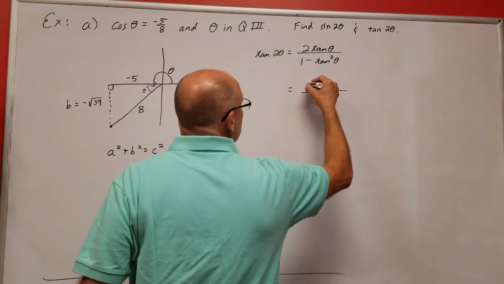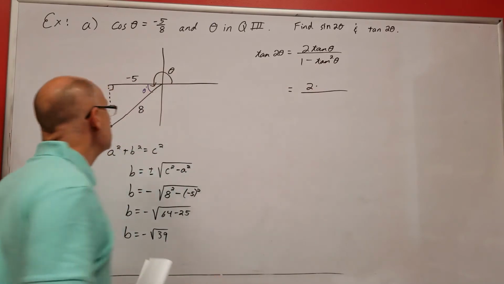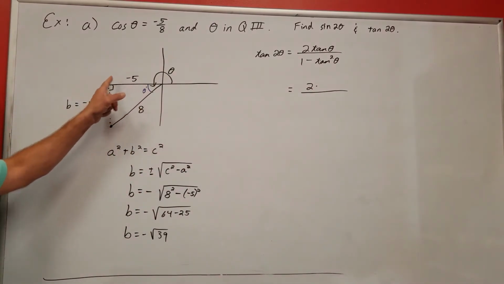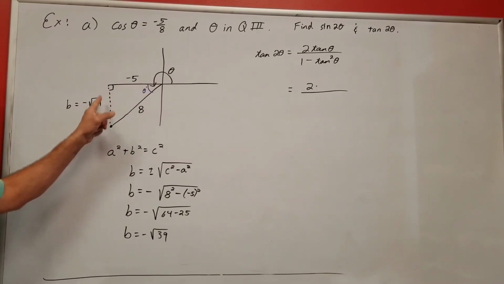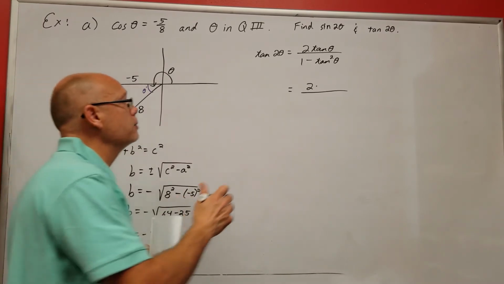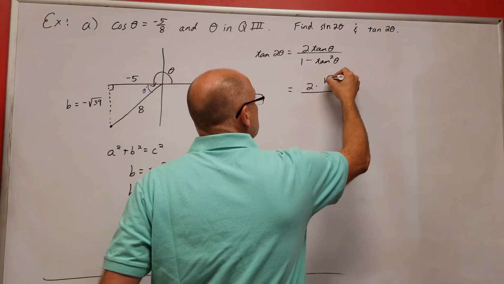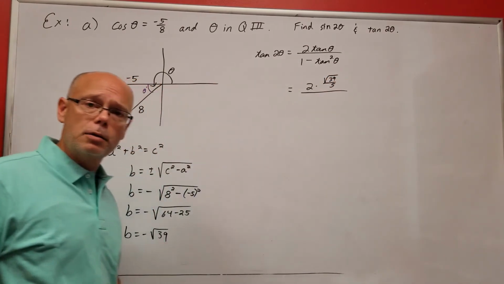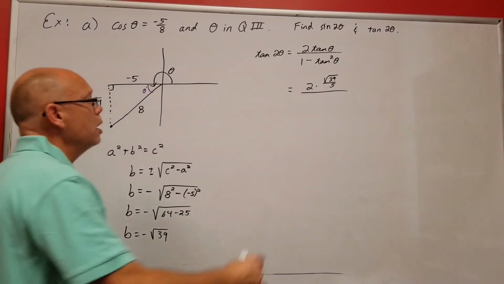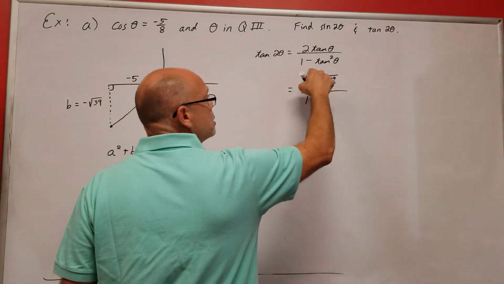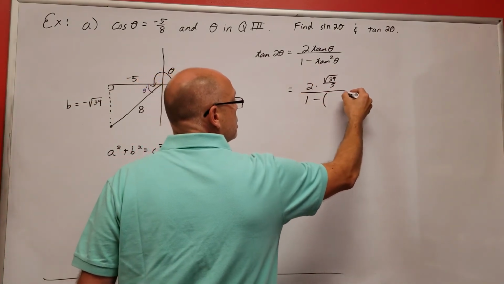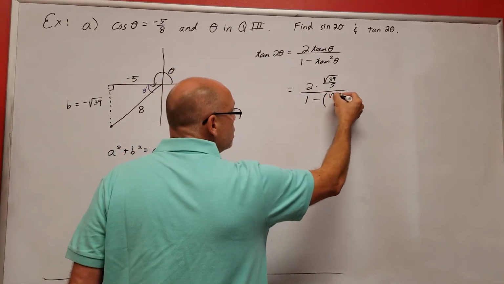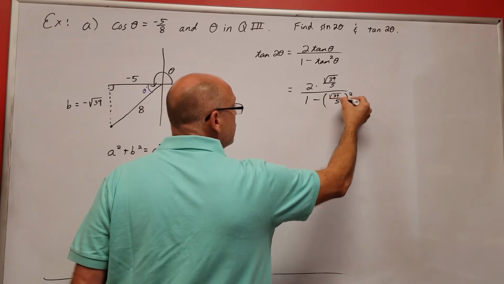Up top, we're going to have 2 times, for the tangent of theta, opposite over adjacent, so negative square root of 39 over negative 5. Is a negative over a negative a positive? Over 1 minus tangent of theta squared. We just said the tangent of theta was the square root of 39 over 5.